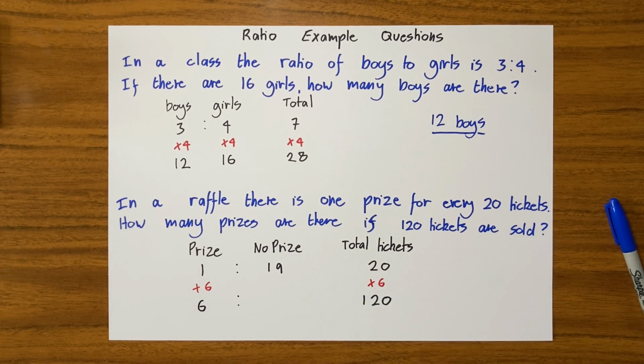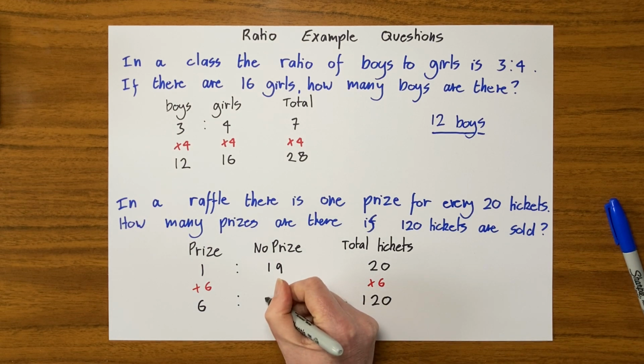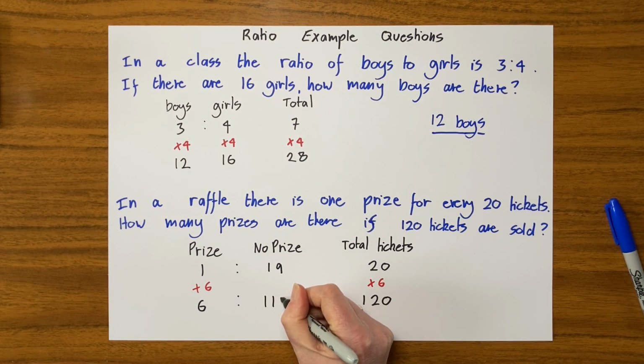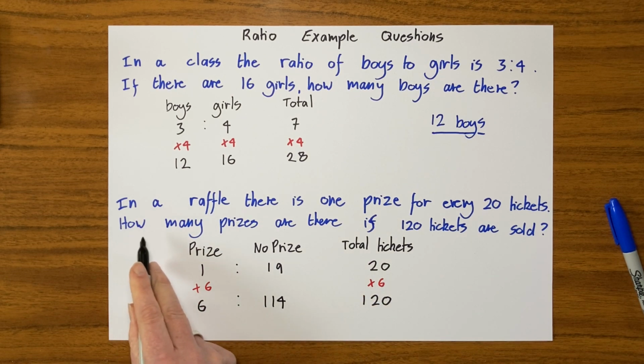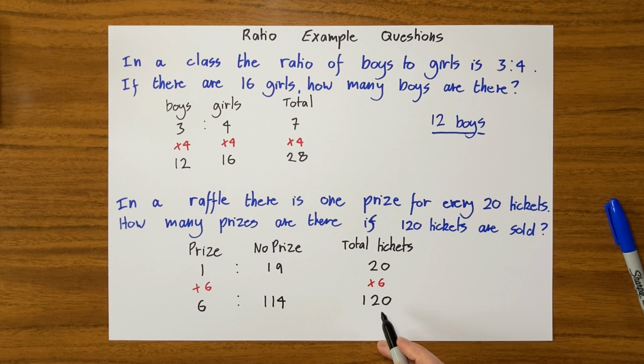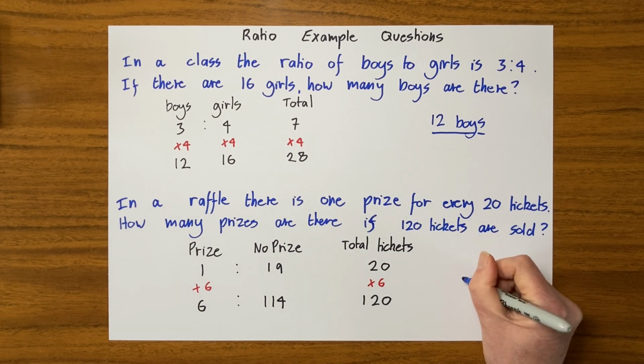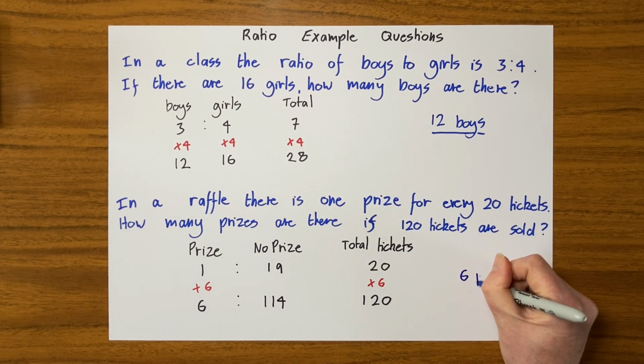I could do 6 times 19, but I'm not going to, because I know that this adds with this number to make 120. So this must be 6 less than 120 to give me 114. I didn't actually need to fill this column in because it's asking me how many prizes are there if 120 tickets are sold. So I go to this column and I can see that there are 6 prizes.